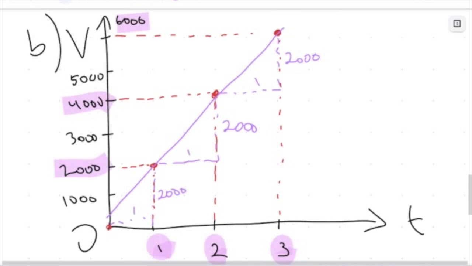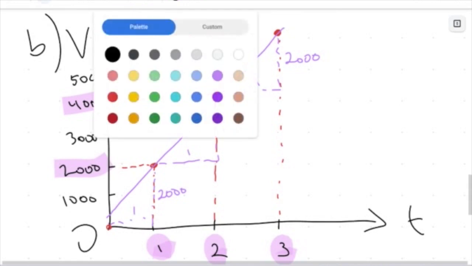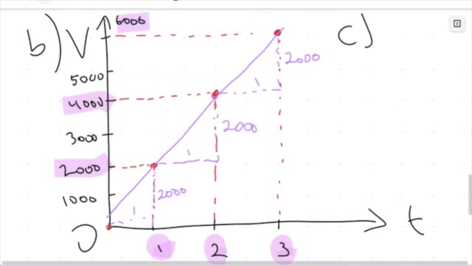Now, for parts C and D, let's do that here. For part C, I want to find both the gradient of our graph and a rule relating volume to time. Well, I just showed in my graph that for each hour passing, I'm going up by 2,000 in my volume direction.